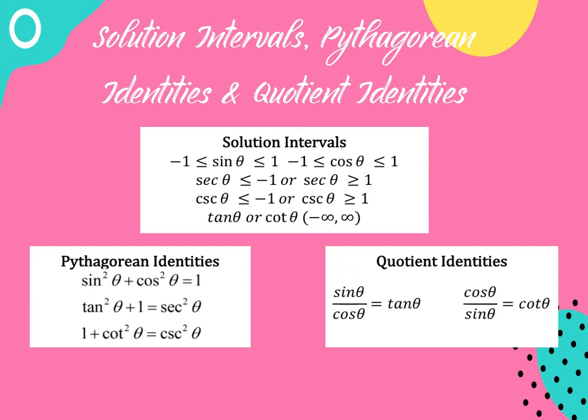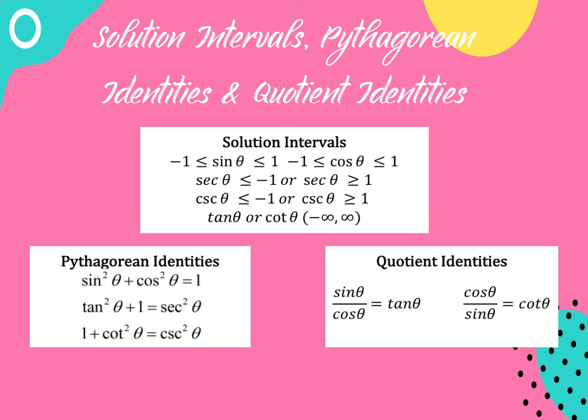So basically, as you set up all these different types of problems, sine and cosine have to be in between negative 1 and 1. So the sine of no angle can be bigger than 1 or less than negative 1. Same for cosine, okay? I can't say the cosine of theta is 2. It's impossible. I'm basically saying that the hypotenuse is smaller than the adjacent side, but we know the hypotenuse has to be the biggest, right?